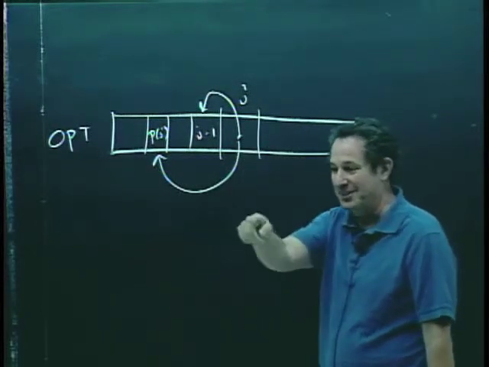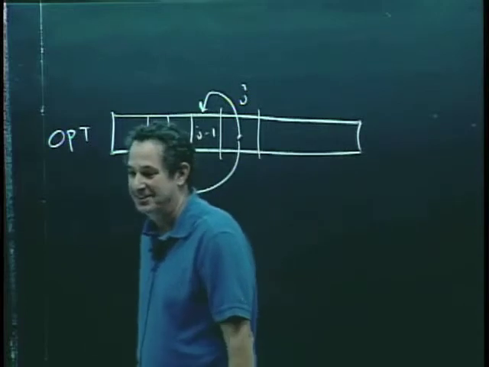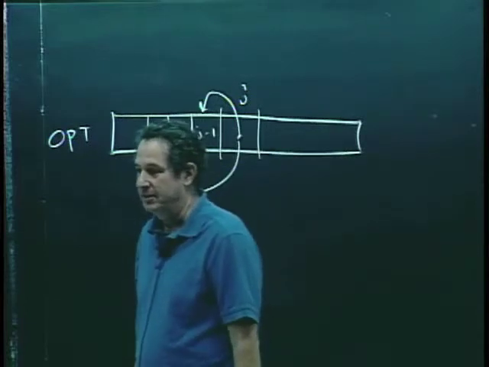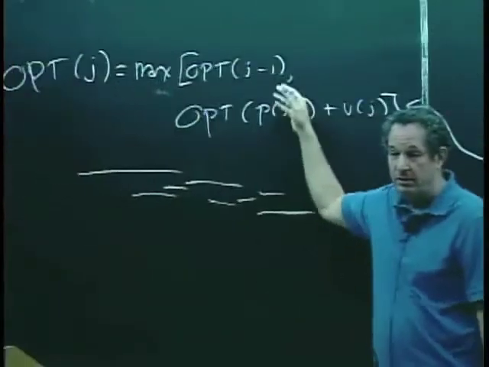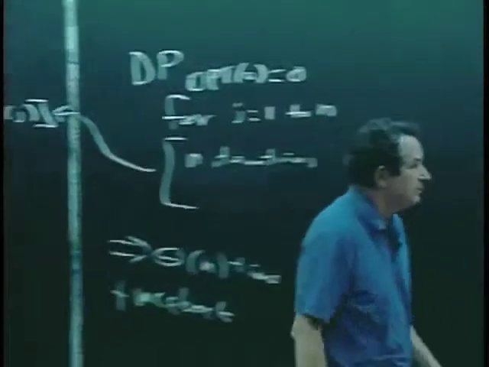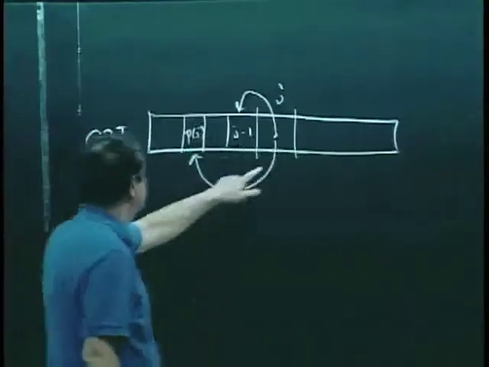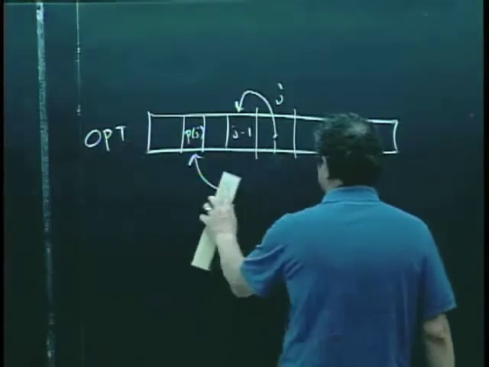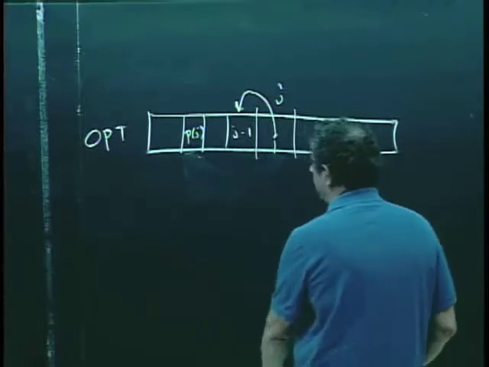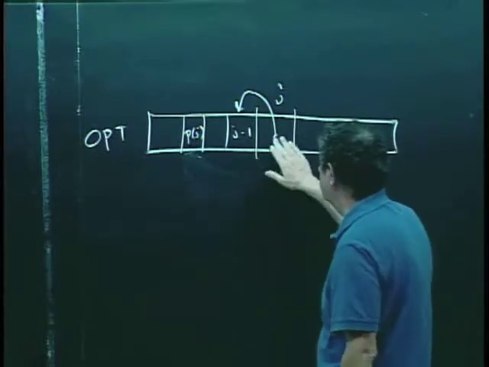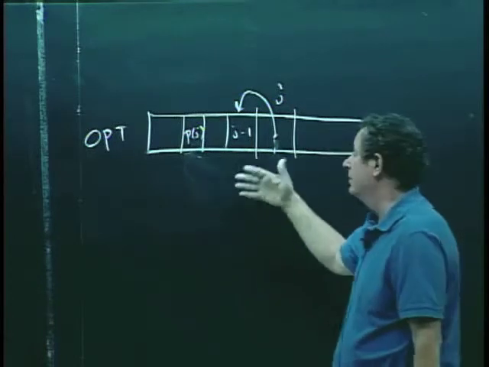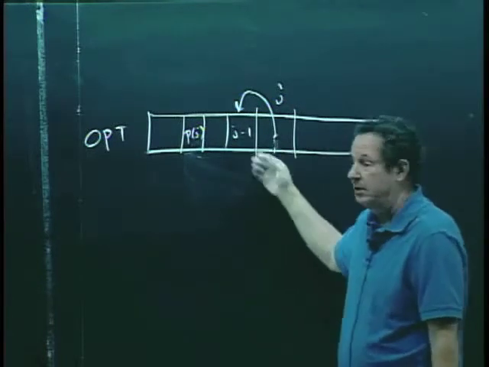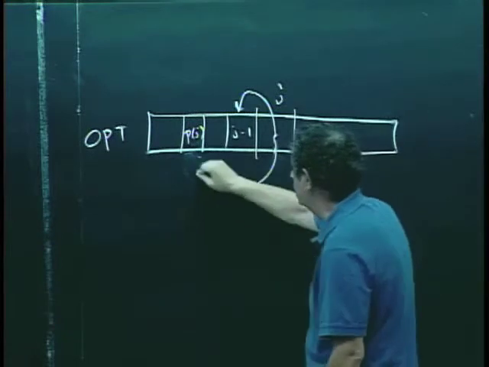Okay, yeah. When the max of these two terms is opt of j minus 1, then I'll leave the pointer from j to j minus 1, like that. And when the opt of pj plus vj is bigger than the opt of j minus 1, then I'll leave this pointer.